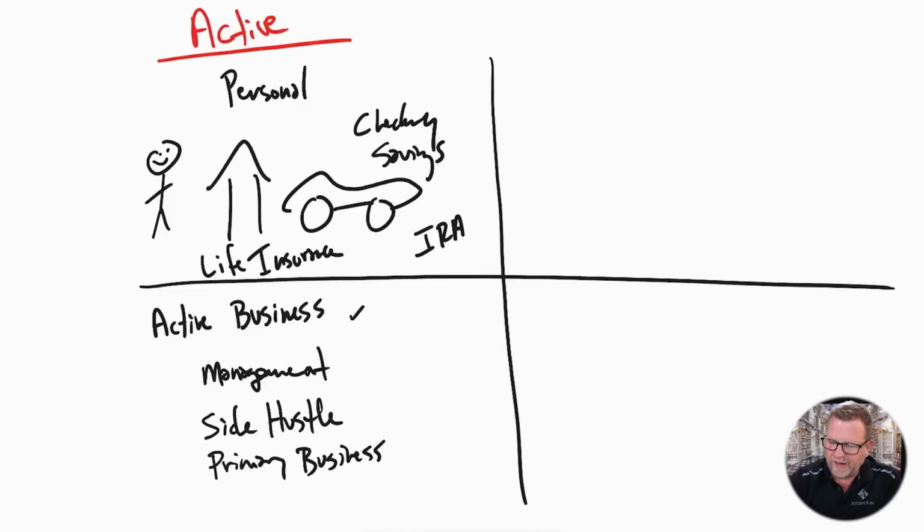Then we look at the passive side. And I say passive. I'm a tax attorney, so I know that actually has a meaning. I'm talking passive in the sense that you're not having to do the work, not the tax definition. And that's where you have your brokerage accounts.